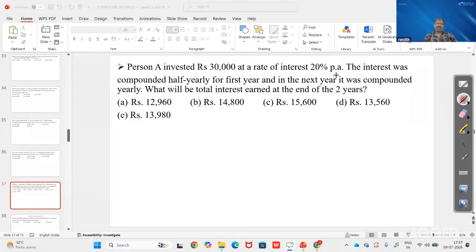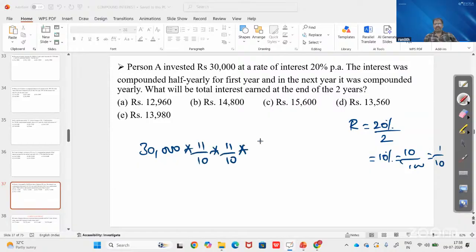So it is 11 by 10 into 11 by 10, into the second year, interest is same 20 percentage. 20 percentage equal to 1 by 5. So it can be written as 6 by 5 into 6 by 5. So here double zero is cancelled.